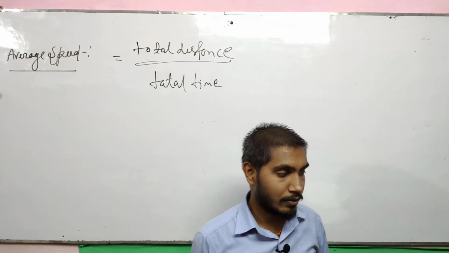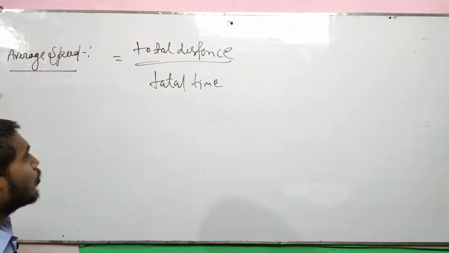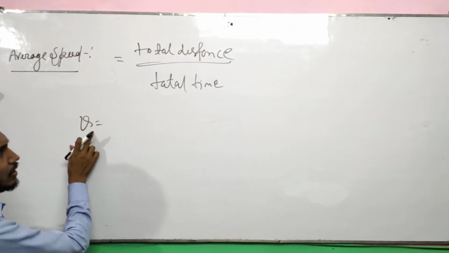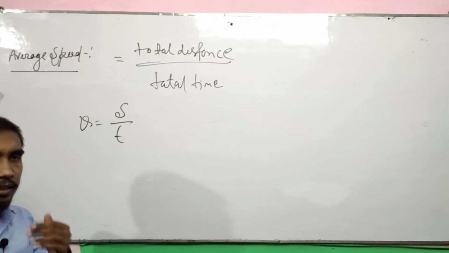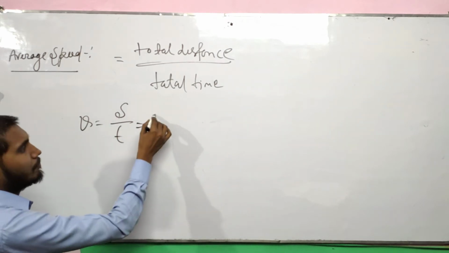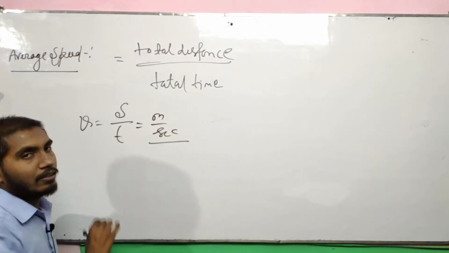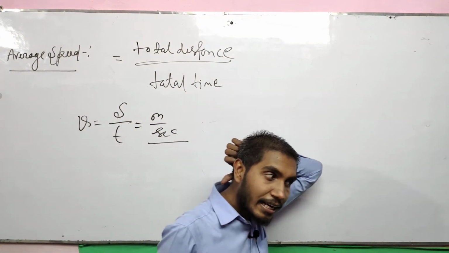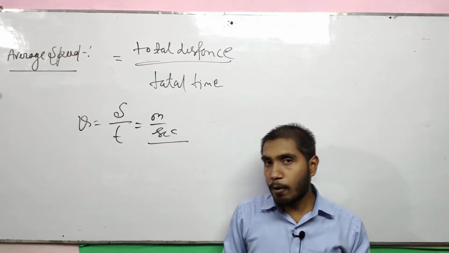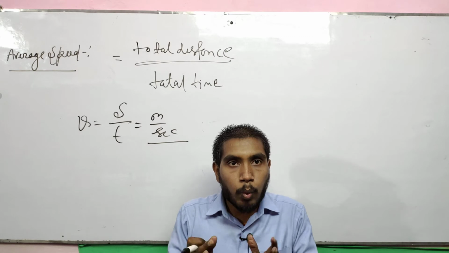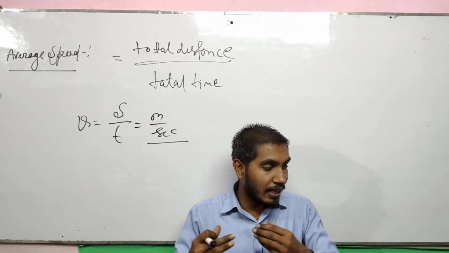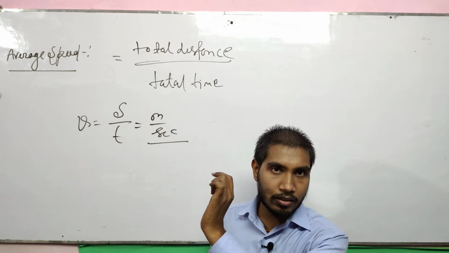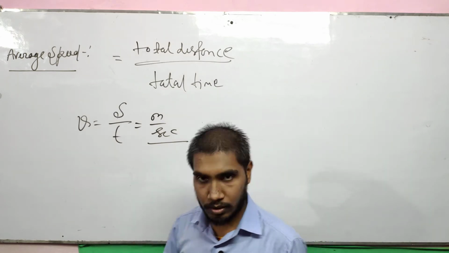Average speed. Okay, and now average speed is also V is equal to S upon T, that is total distance upon total time. Its unit is the same, meter per second. It is now complete, beta. Average speed. Any problem? Now we see something else. What? Velocity. Okay, let's see velocity.